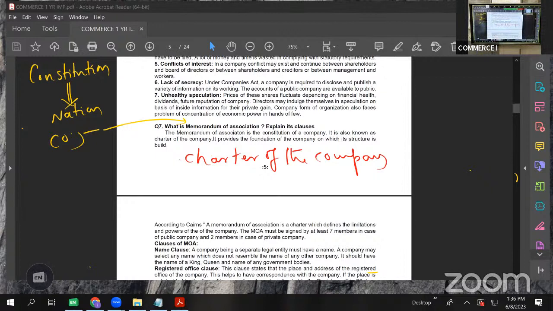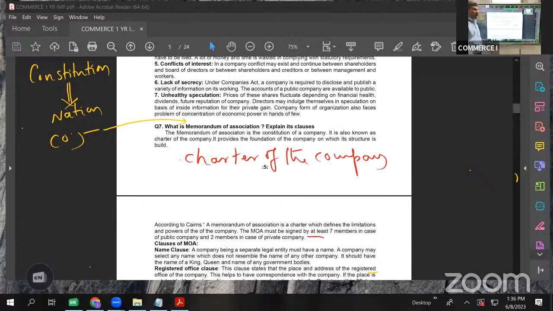There is a definition given by Keynes. According to Keynes, a Memorandum of Association is a charter which defines the limitations and powers of a company. The MOA must be signed. Again, this is a very important point.